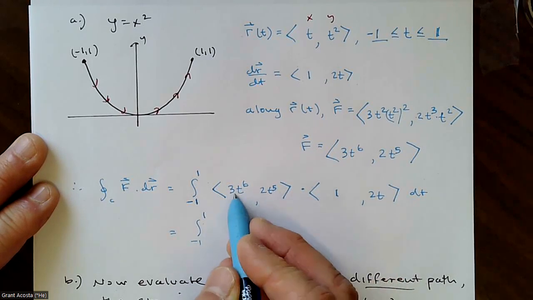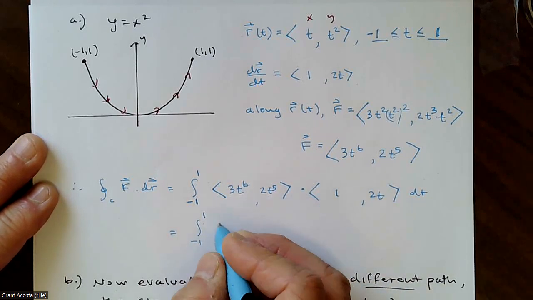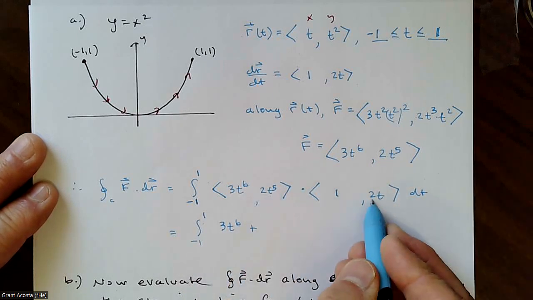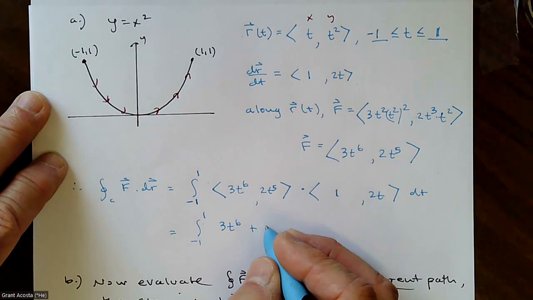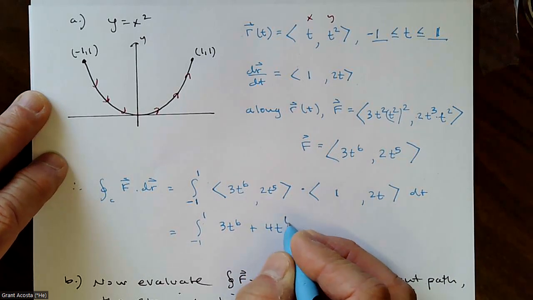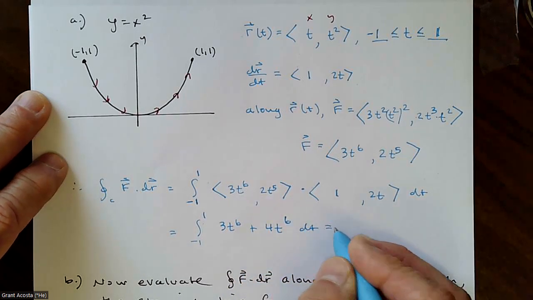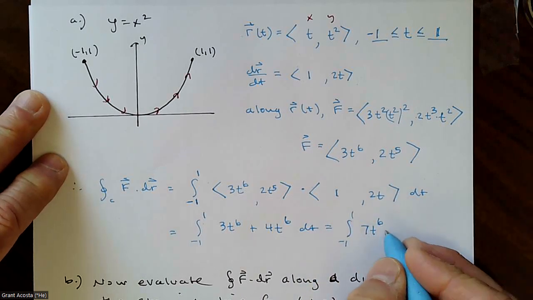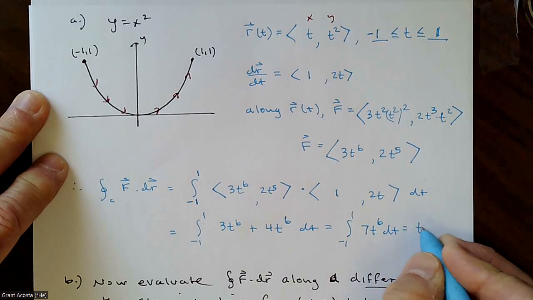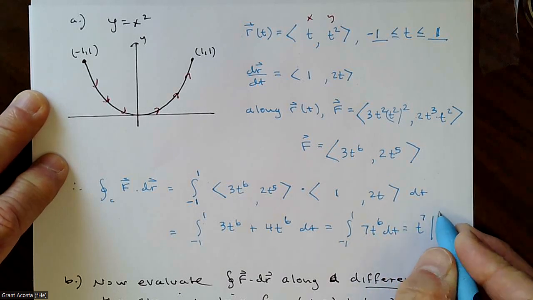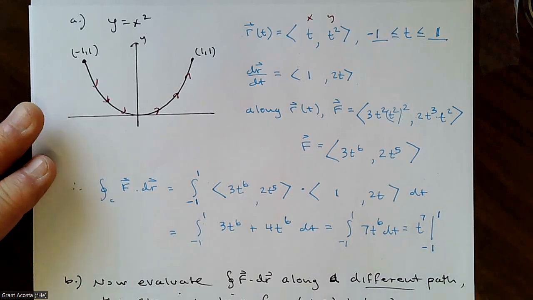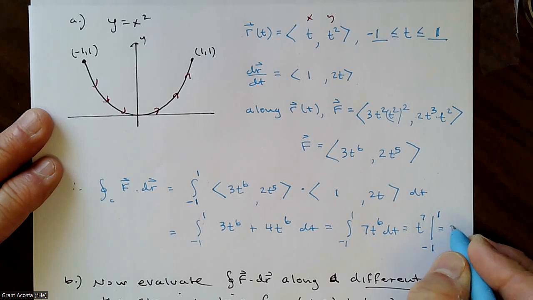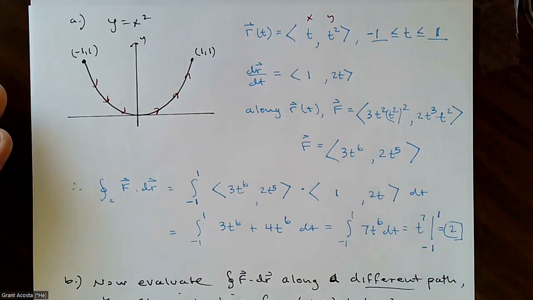If I do the dot product, that's 3t to the 6th times 1, plus 2t to the 5th times 2t, which is 4t to the 6th. And that just combines to 7t to the 6th. That's a nice antiderivative. That's t to the 7th. If I evaluate it from -1 to 1, I'm going to get 1 minus -1, which is going to give me an answer of 2.